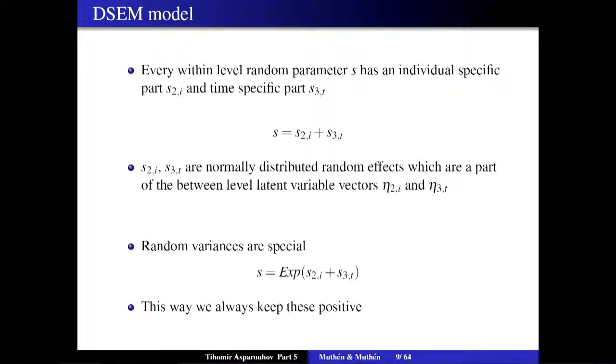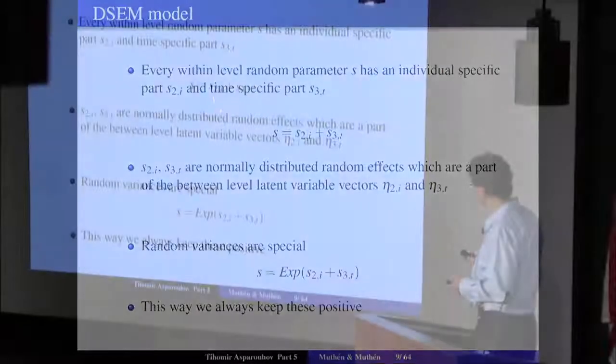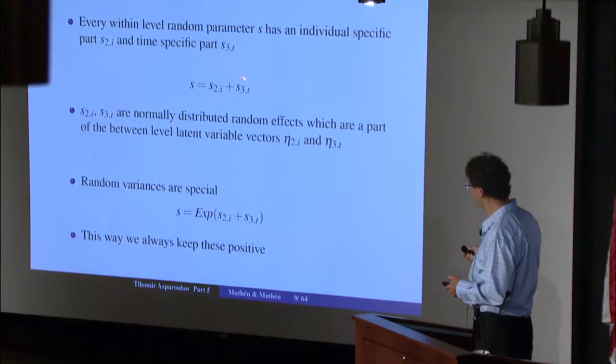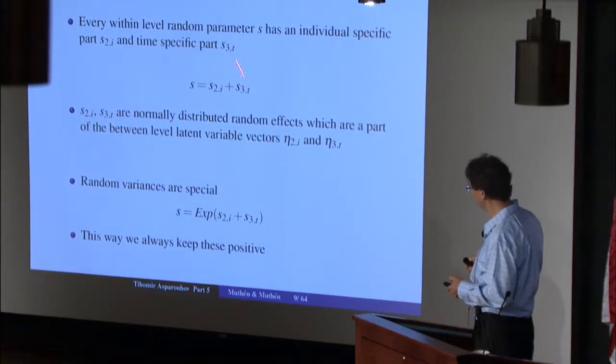So every random effect consists of two portions in the cross-classified framework. It's basically an addition of an individual specific effect and a time specific effect. So when you introduce a random slope of some kind, you actually get two random slopes, one on each of the two between levels.